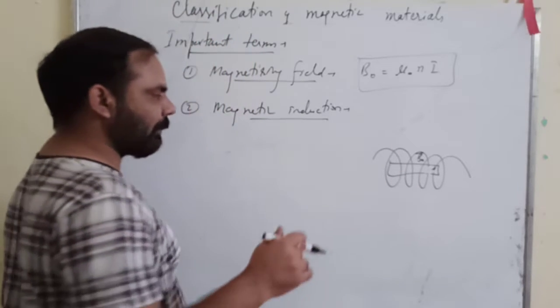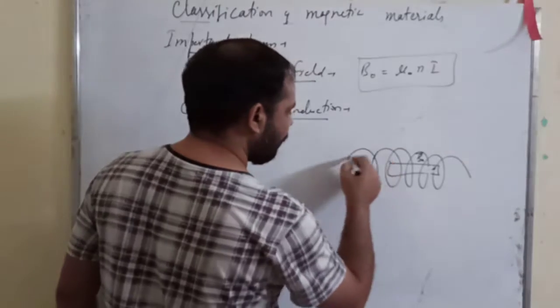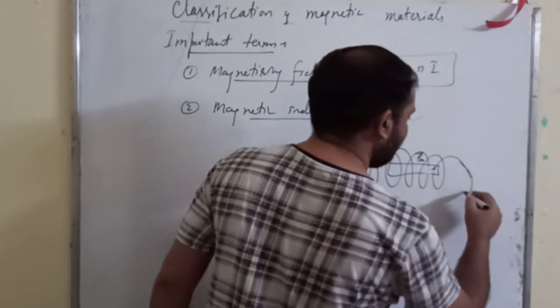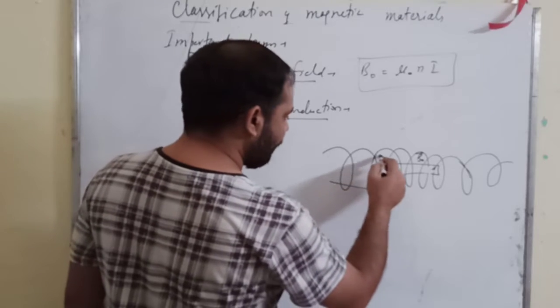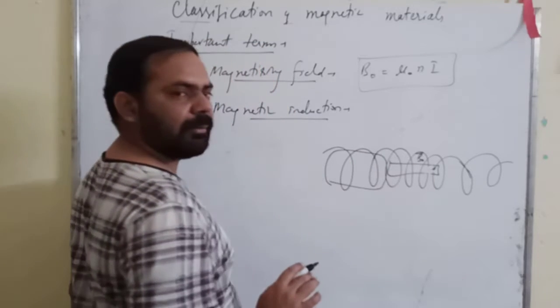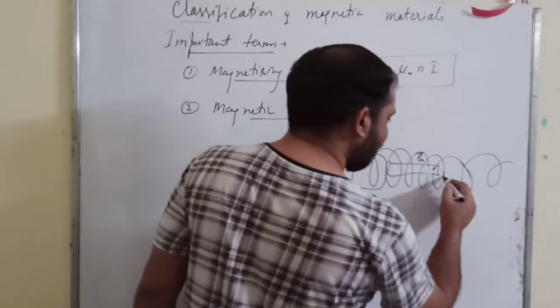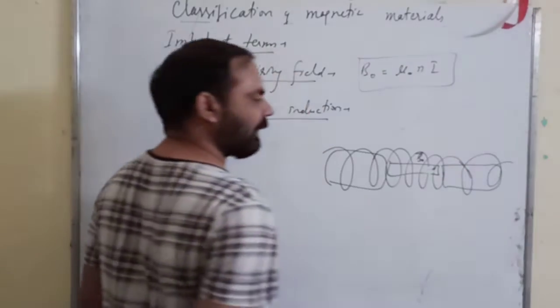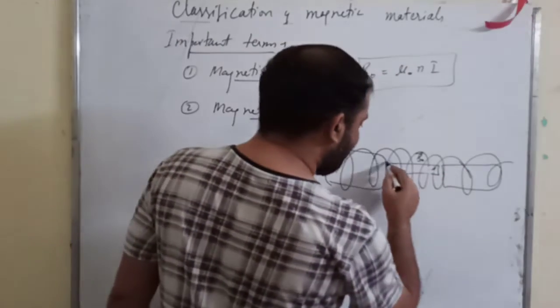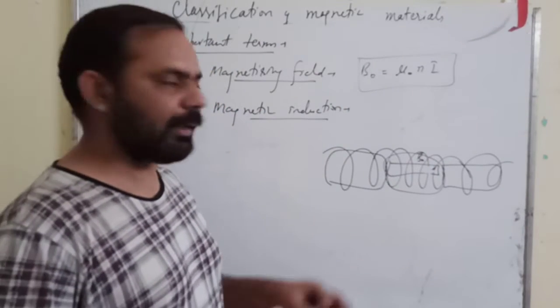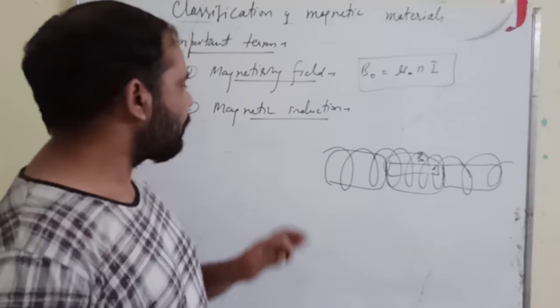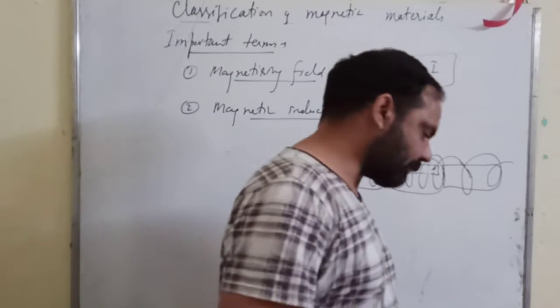Suppose your solenoid can be of this length also, right? But the magnetic field in this region is not affecting the material. The magnetic field in this region is also not affecting the material. Only this part of the magnetic field is creating the magnetization of this material, right? So that is magnetic induction.